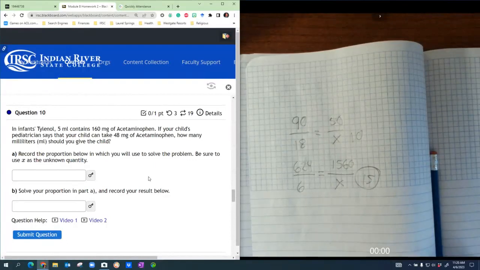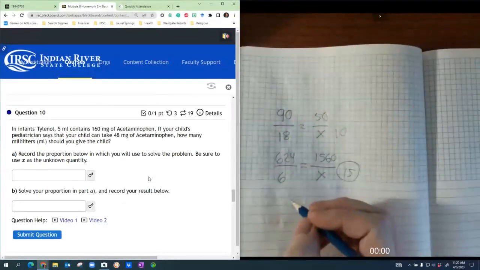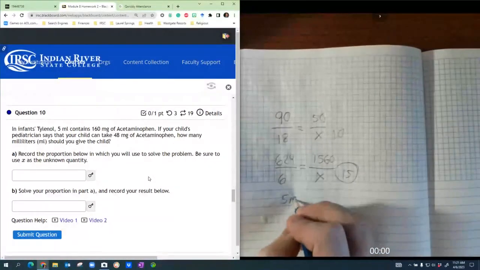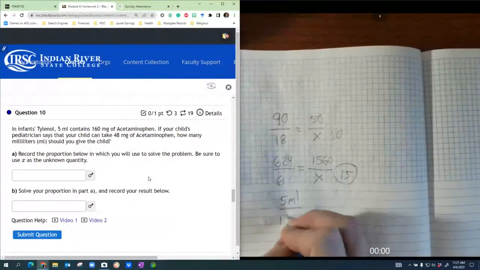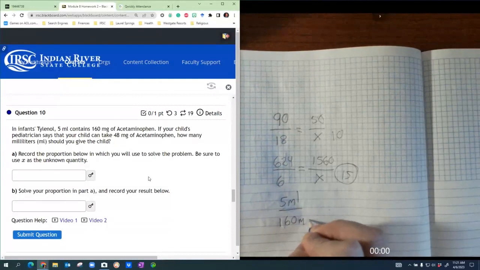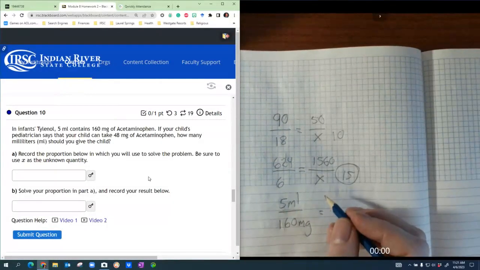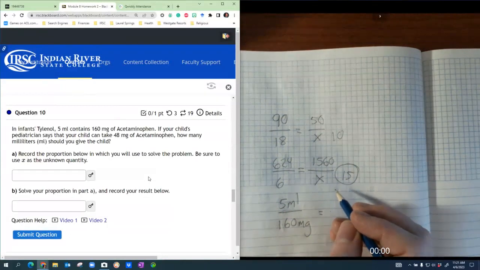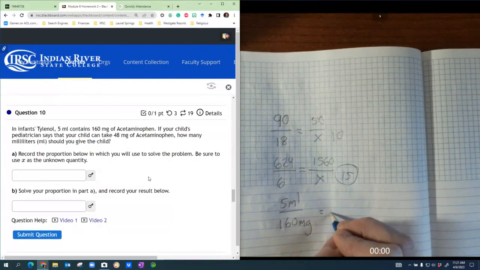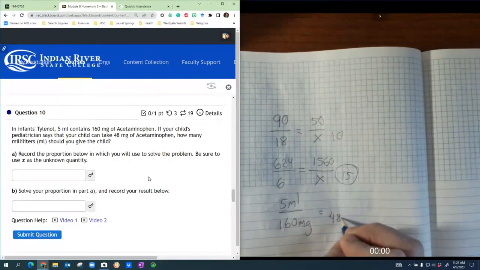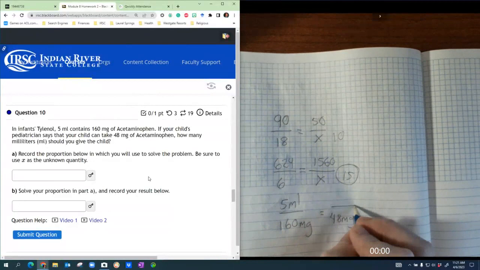So you have 50 milliliters contains 160 milligrams. I'm going to write that down. It doesn't matter how I write it. I'm going to do 160 milligrams. And then it says, if your child's pediatrician says that your child can take 48 milligrams, how many milliliters? So we're looking at 48 milligrams, and then how many milliliters?